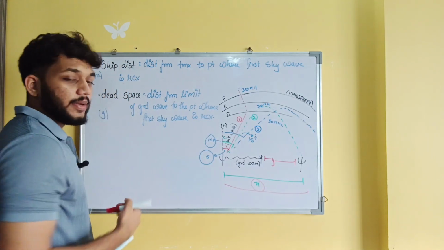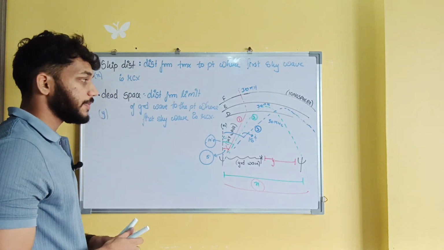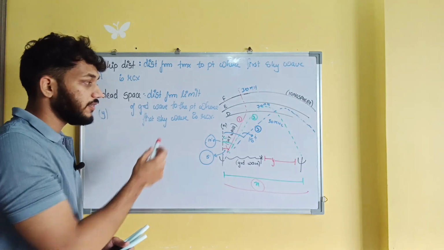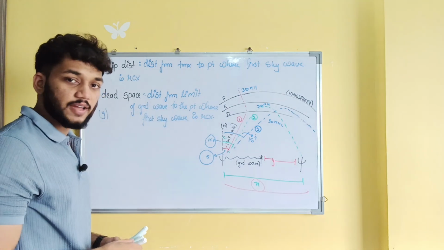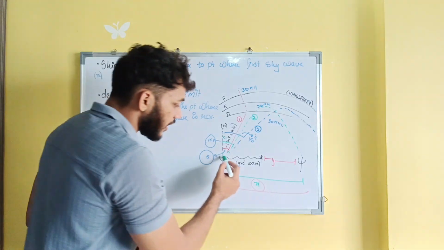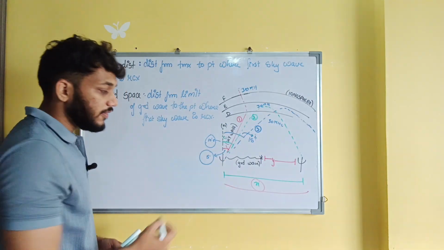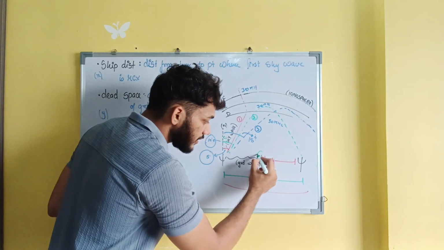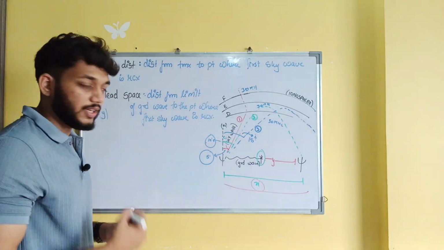Okay. Now coming to our next definition, which is dead space. Dead space is what? Distance from limit of ground wave to the point where first sky wave is received. So if the transmitter is sending sky wave, it is also sending some ground wave. Okay. So at this point our ground wave attenuates.